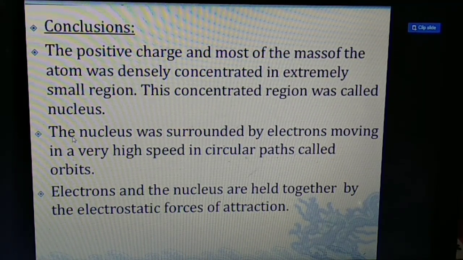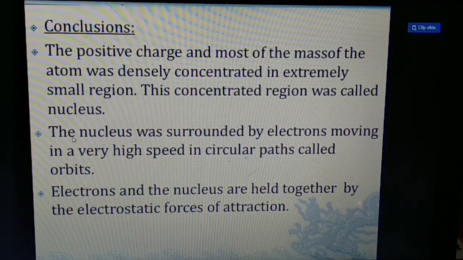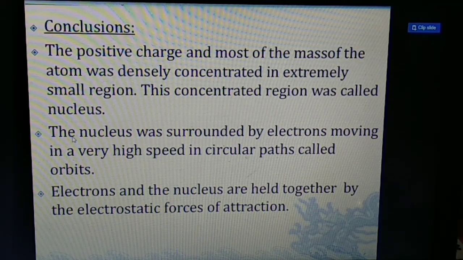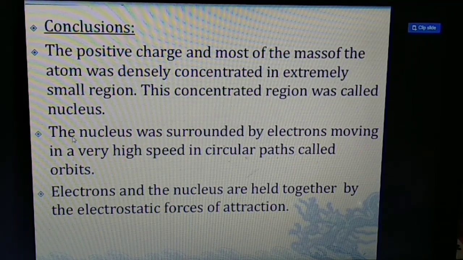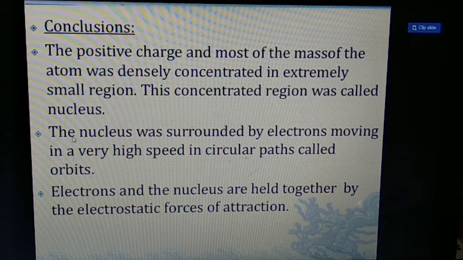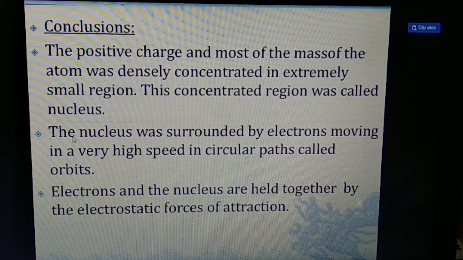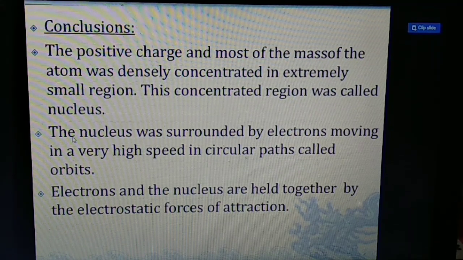So what is the conclusion? The positively charged center of the atom is known as the nucleus. The nucleus was surrounded by electrons, and the electrons move in circular paths around the nucleus. The mass of the nucleus is very small compared to the mass of the whole atom.